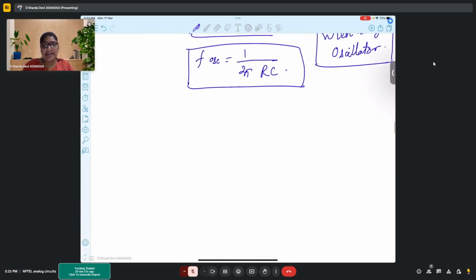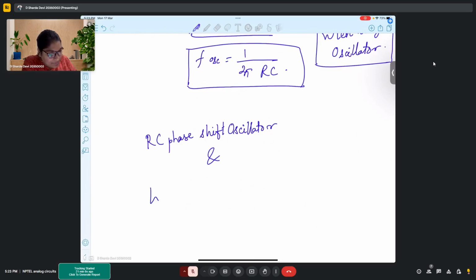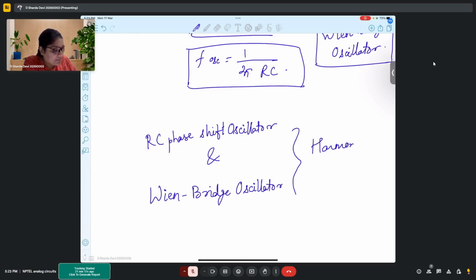harmonic oscillators, right? Both the RC phase shift oscillator and the Wien bridge oscillator are harmonic oscillators.